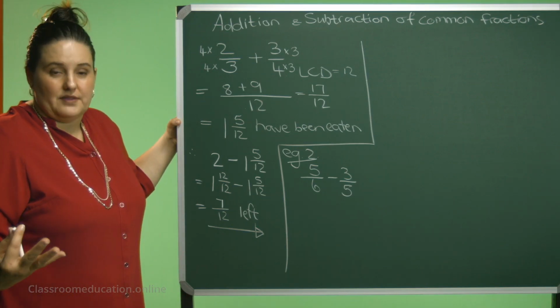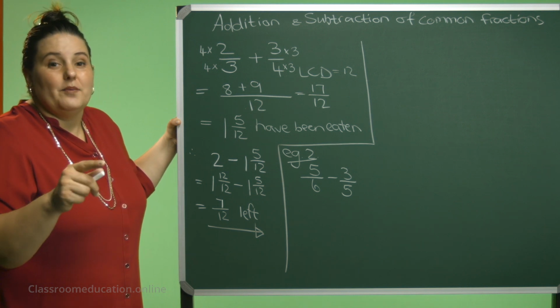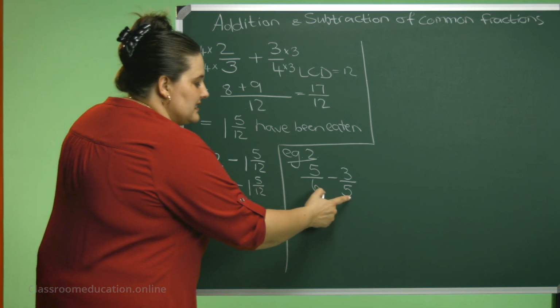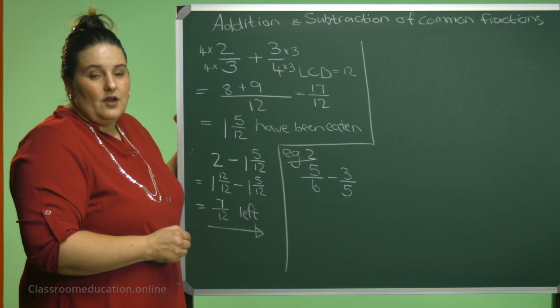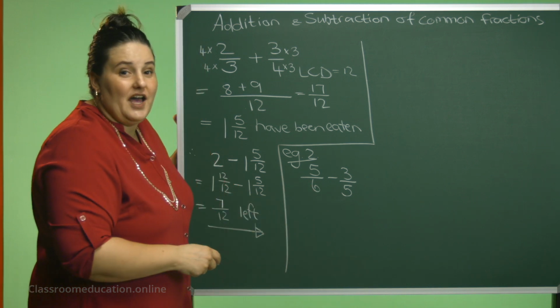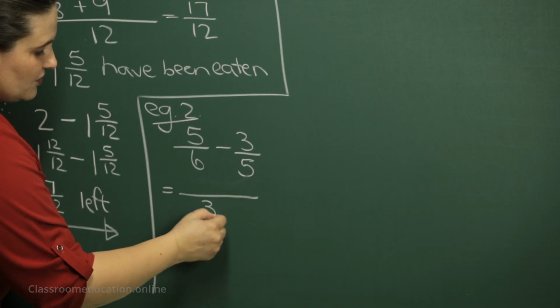How will you go about this? You need to change the denominators. The denominators must be the same. So, what is my LCD? What's my lowest common denominator? What's the lowest common multiple of 6 and 5? 30. So I'm going to change that to 30.